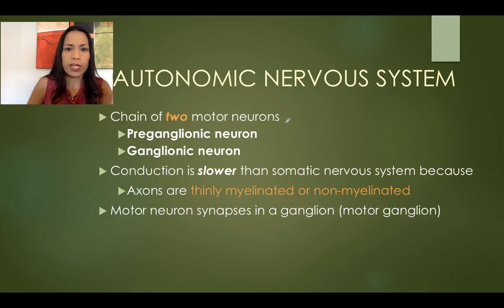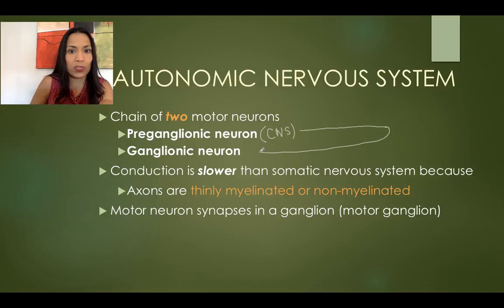Okay, so in summary, we have said that we have two motor neurons in the autonomic nervous system, right? One is the preganglionic neuron located on the central nervous system, and the axons of this motor neuron, the ones that are going to synapse with the ganglionic neuron, are called preganglionic fibers, right?